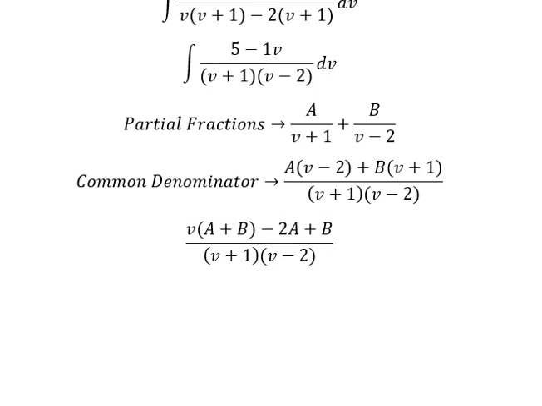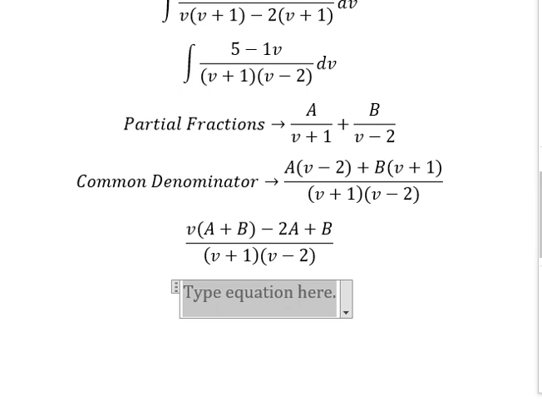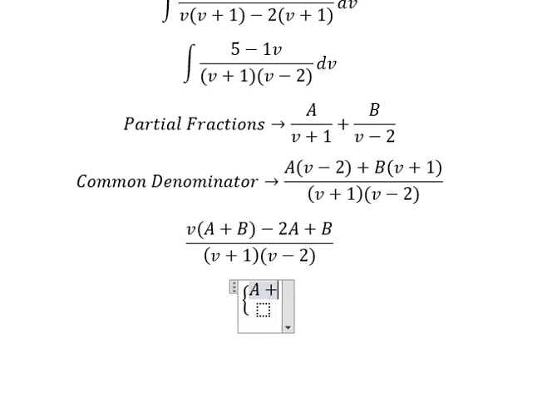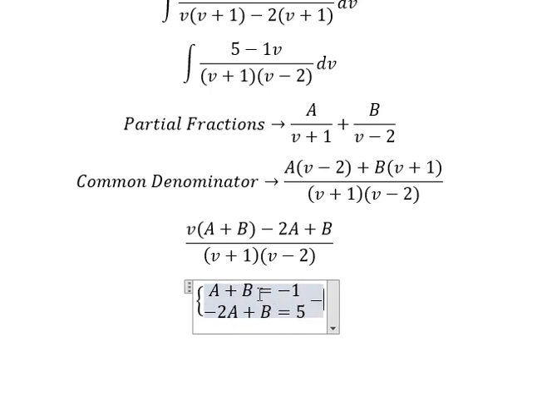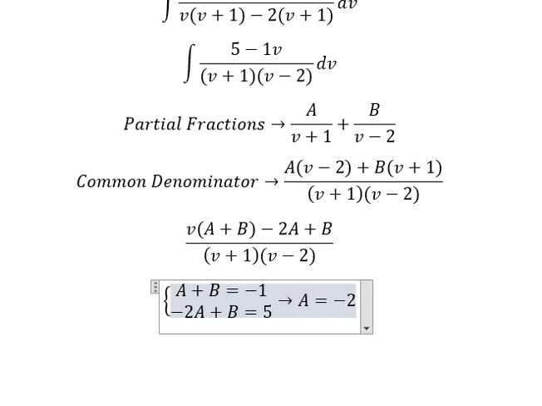And now we create the system of equations. And now we need to find the solutions of a and b. So a equals to negative number 2, b equals to number 1.